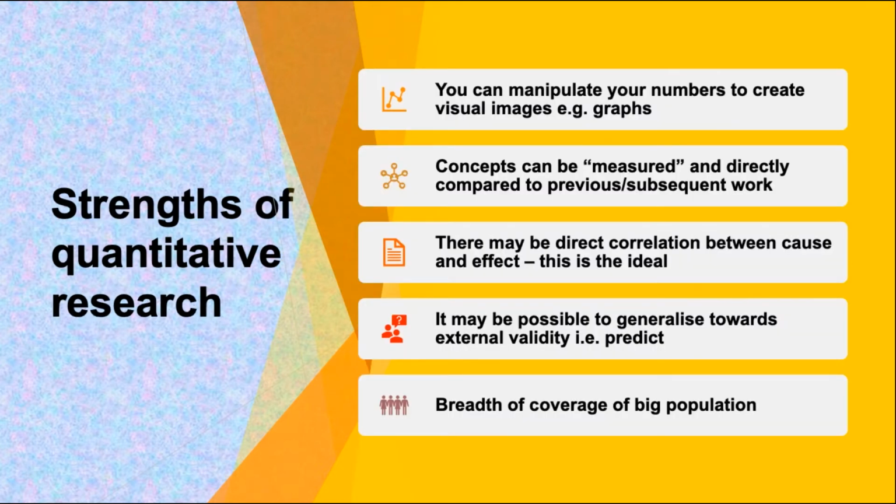So we have some strengths of quantitative research. The first one: you can manipulate your numbers to create a visual image, for example, a graph. By manipulating the numbers, I don't mean you change the numbers, but you may, for example, change the measurement, the way of coding.